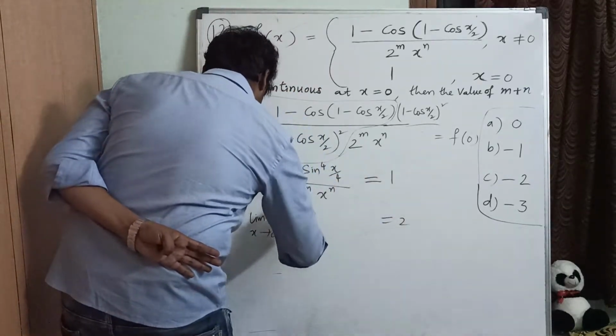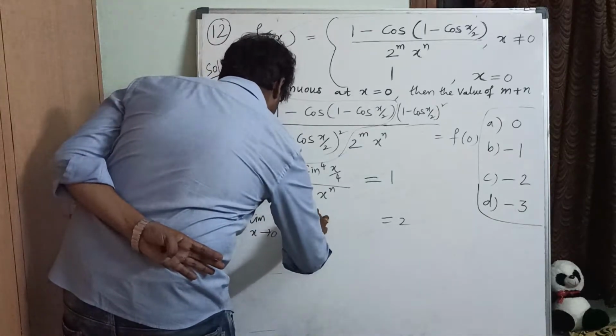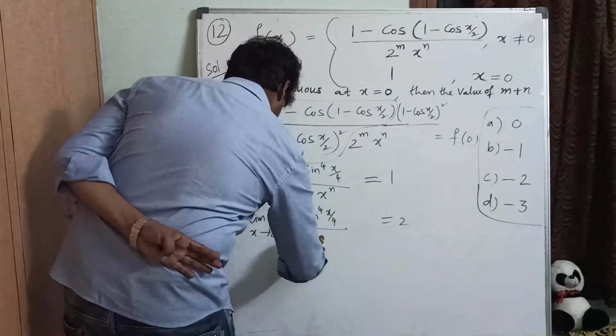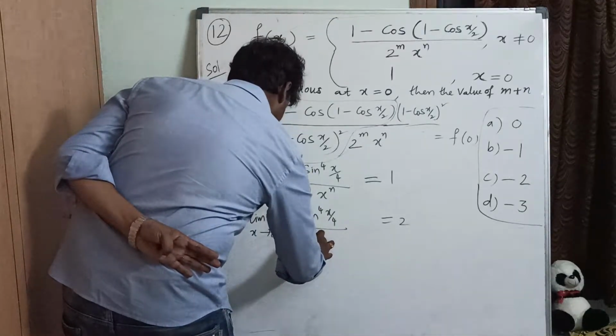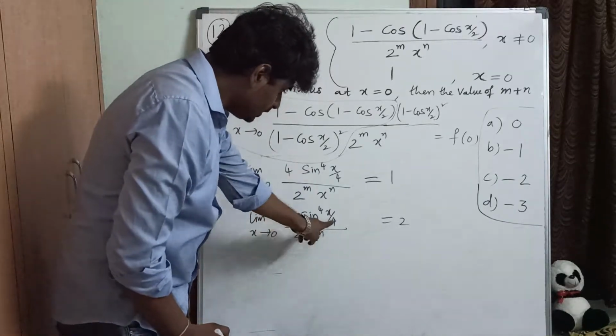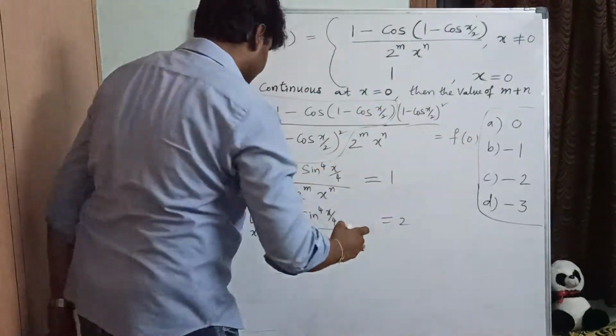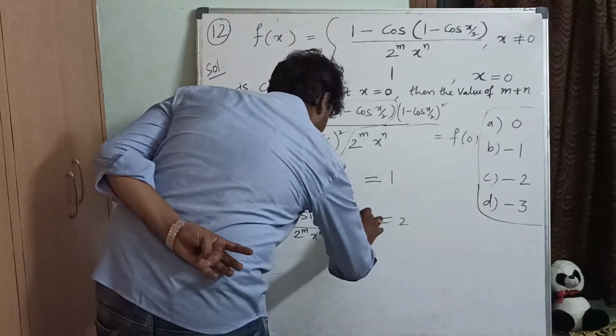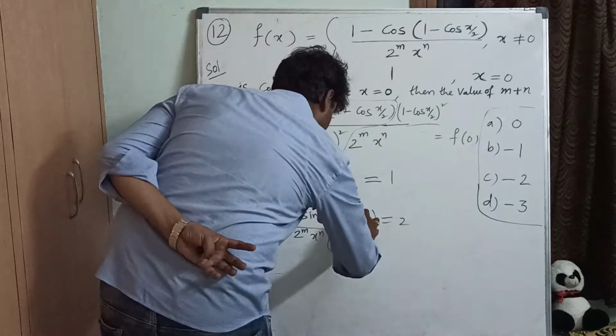Now 4 sin⁴(x/4). So here 2 power m, x power m as it is, and beside sin(x/4). So down also (x/4) whole power 4 I need. For that I can write (x/4) whole power 4 here, and here also (x/4) whole power 4.